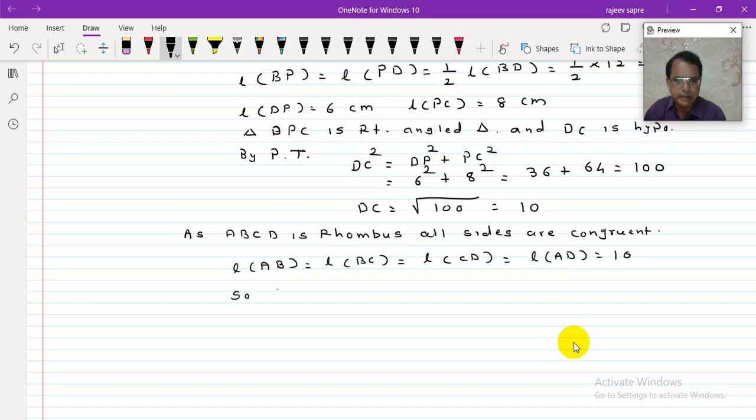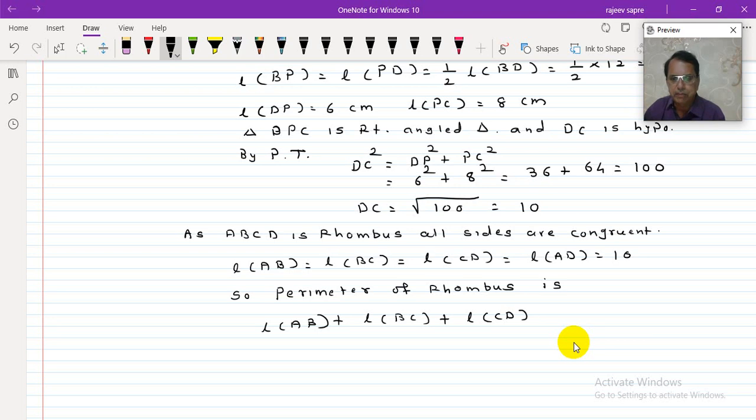So perimeter of the rhombus is length AB plus length BC. कारण चारही साइड्स ज्या आहेत रोम्बसच्या त्या साइड्सच्या लेंथचं ॲडिशन म्हणजे पेरिमीटर, प्लस लेंथ CD आणि प्लस लेंथ AD.